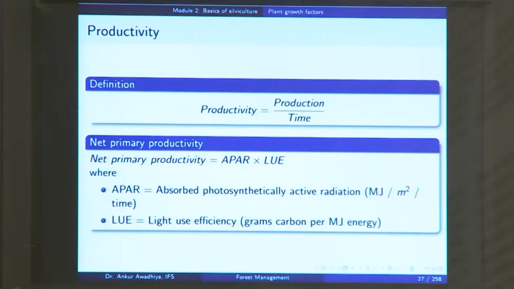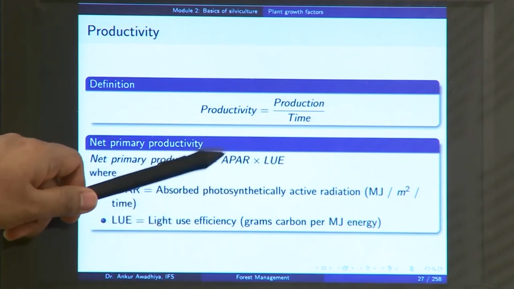Or if you have sufficient absorbed photosynthetically active radiation, but the light use efficiency of that particular plant is less, probably because it is not of a very good species, or because it is diseased, or because it is not getting sufficient nutrients, then also the net primary productivity will be less. So, net primary productivity is equal to APAR into light use efficiency.